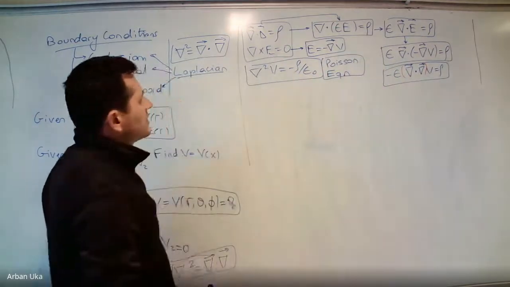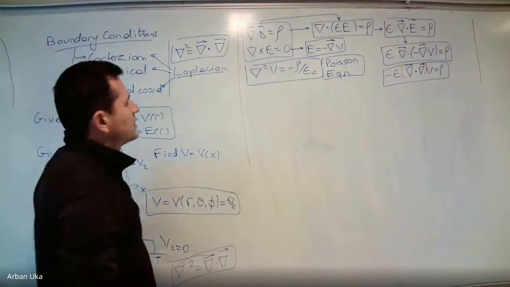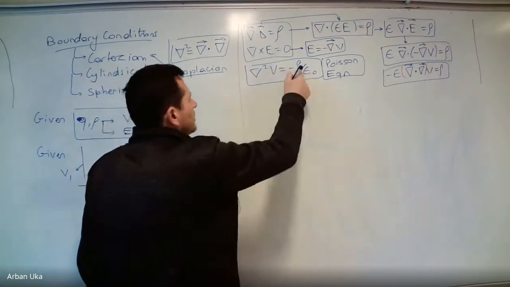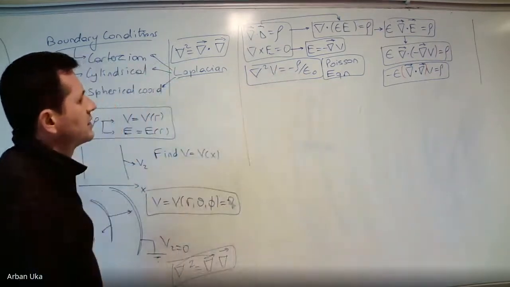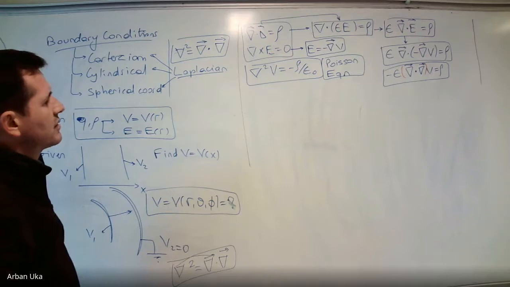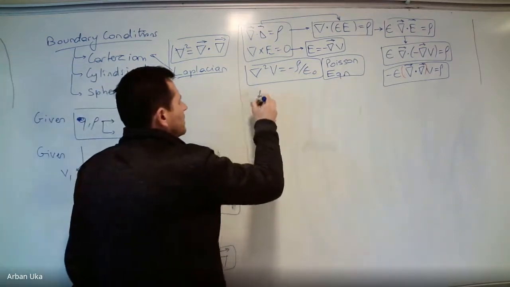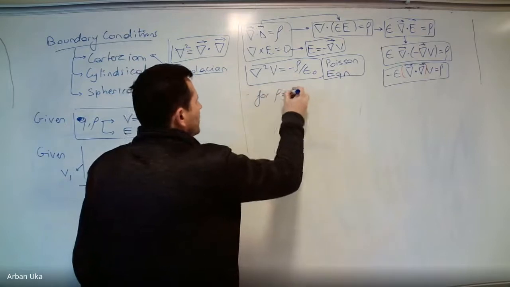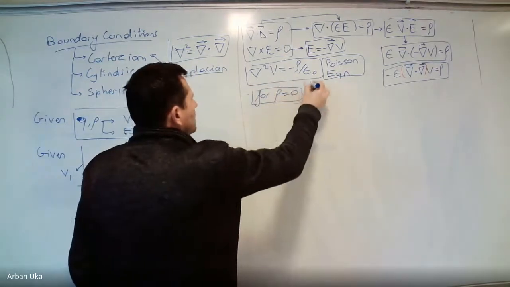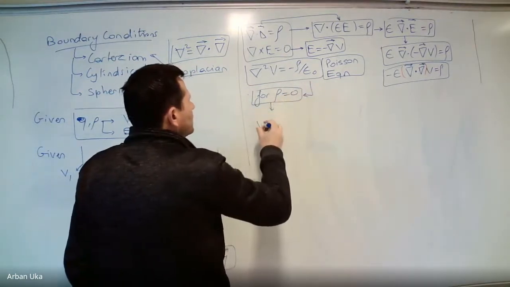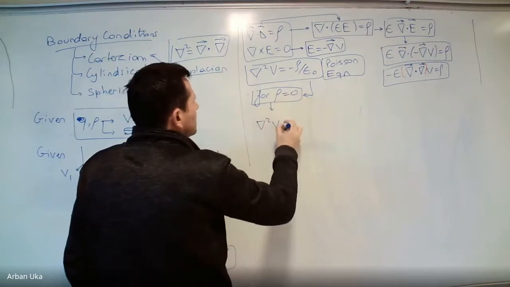It describes how the potential changes given the original charges. The solution of this is going to tell us how the potential is changing. In case the charge density is equal to 0, then we can obtain the Laplace equation.